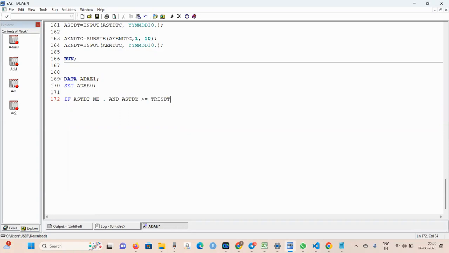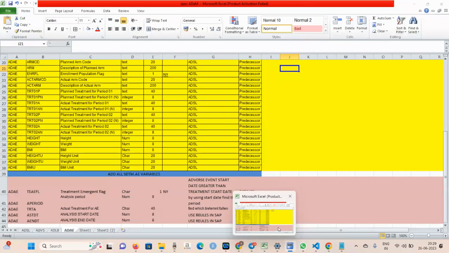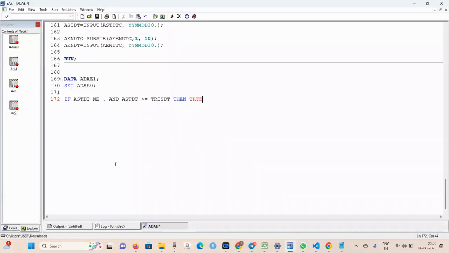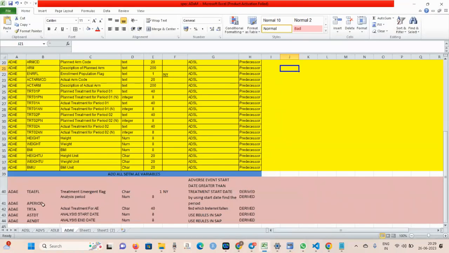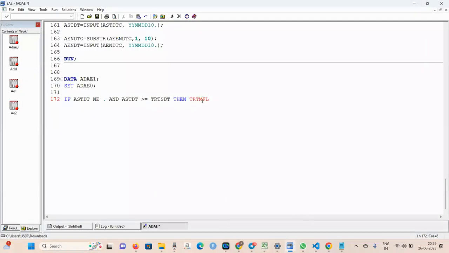After the treatment administration, if the event happens, then treatment emergent flag equal to Y. Else, treatment emergent flag equal to N.